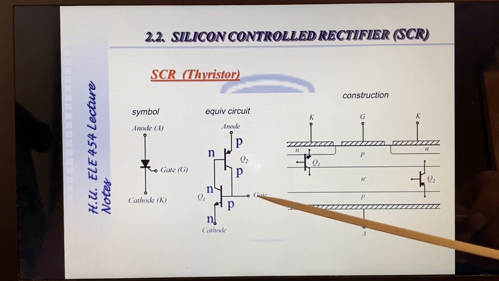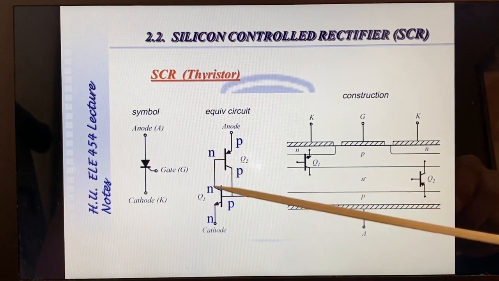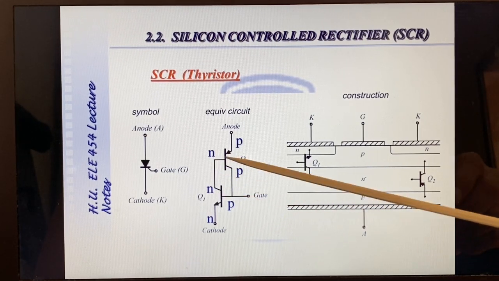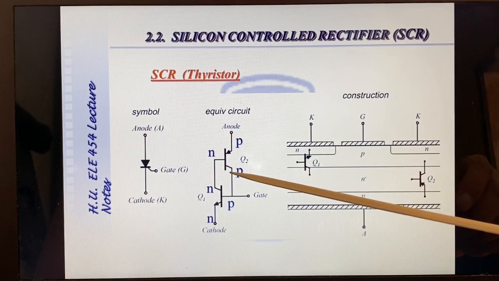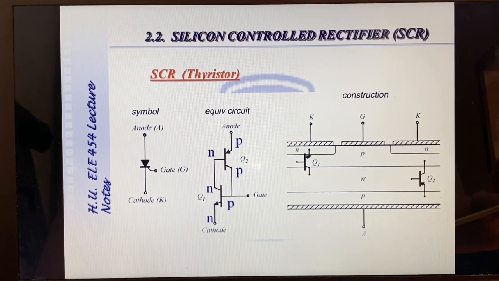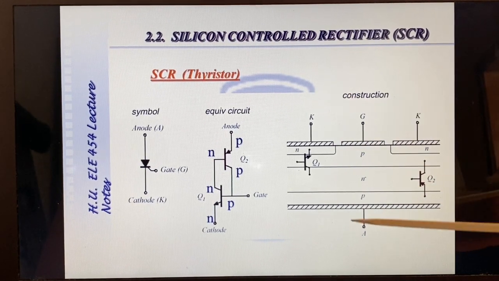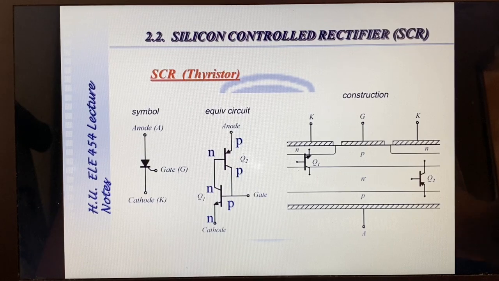How does it operate? When you apply the gate signal, the NPN transistor turns on, causing base current flow in the PNP transistor, and it turns on this transistor as well. Therefore, there is a current flow from anode to cathode during conduction.